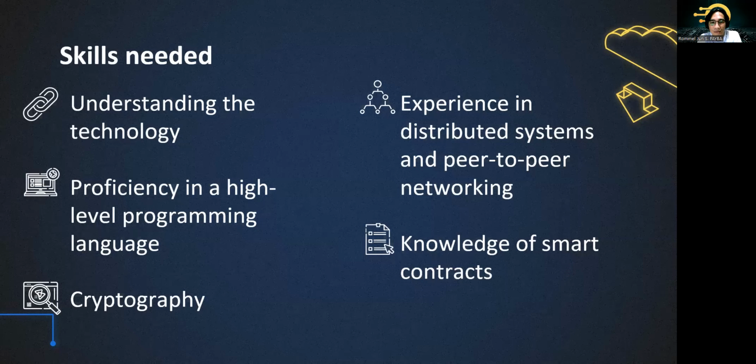Hopefully. 3, cryptography. 4, experience in distributed systems and peer-to-peer networking. uTorrent does not count. And then number 5 is knowledge of smart contracts. So number 1 is a given. You can't exactly expect to be a good developer of a given tech if you don't even understand it in the first place.